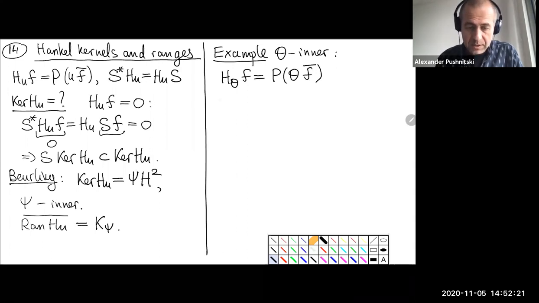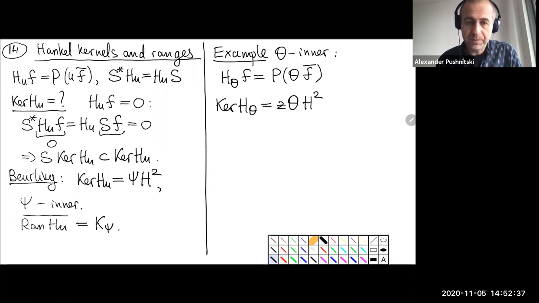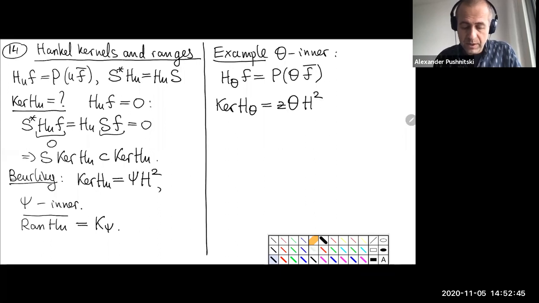In this case, it is straightforward to see that the kernel is precisely this. This is almost what we had in the definition of this antilinear involution, up to z. So the kernel of H theta is this subspace, and the range is precisely the model space K z theta.